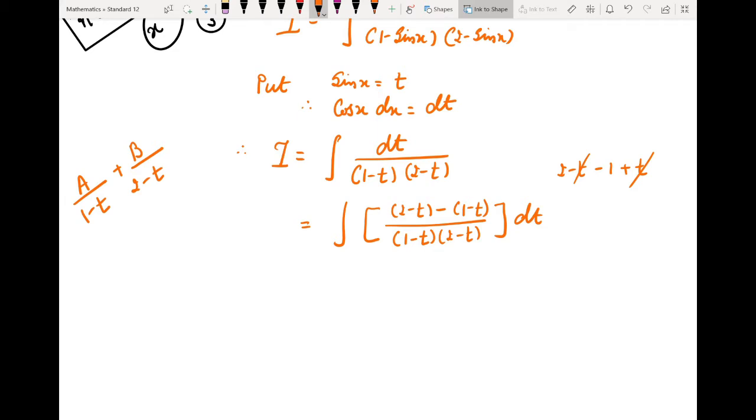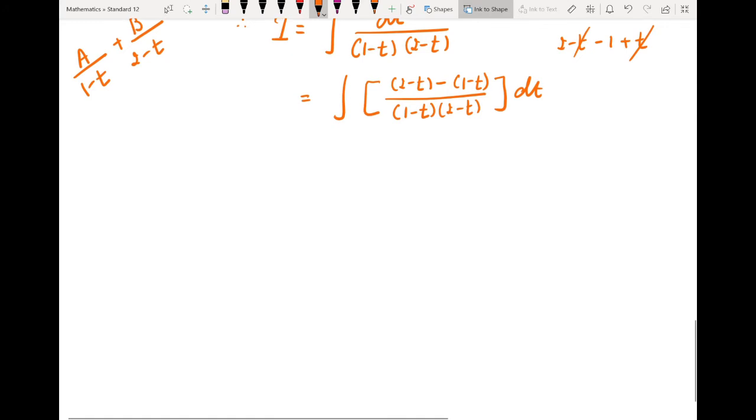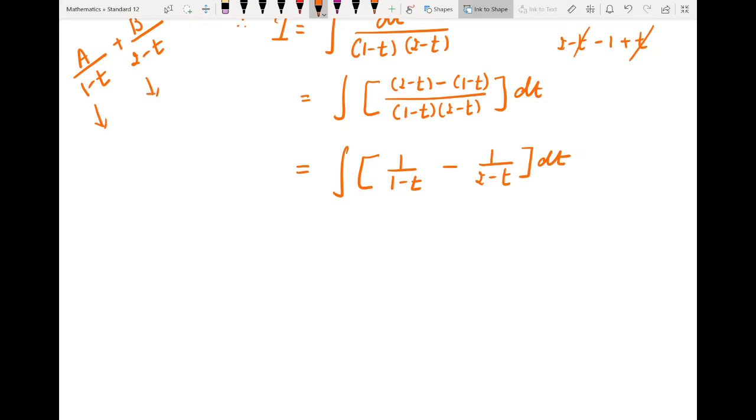So we have written the numerator with the help of the denominator. Now divide each term. So when we divide, 1 upon 1 minus t minus 1 upon 2 minus t, dt. If you write it in partial fraction form, you will get a equal to 1, b equal to minus 1. So you will get the same form which we obtained by arrangement of the numerator.